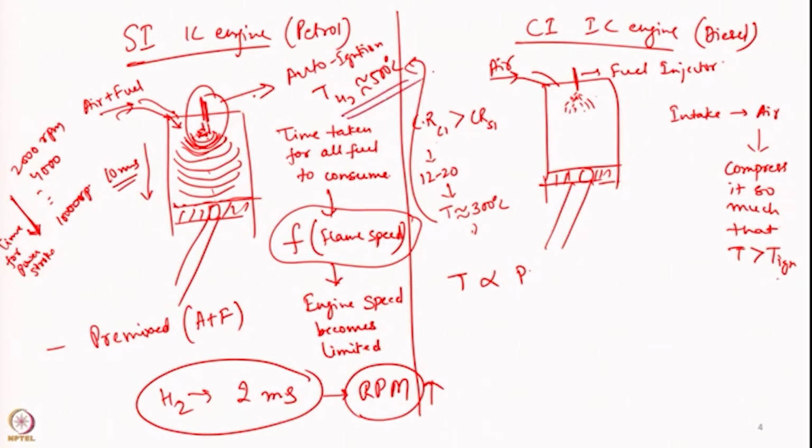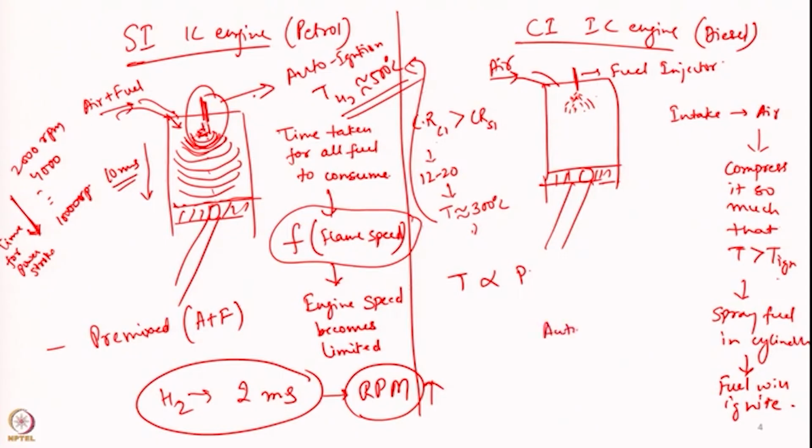But for diesel, when you reach the ignition temperature, you spray fuel in the cylinder and then the fuel will ignite. So, what we were able to do through a spark plug in a spark ignition engine, that is automatic here.